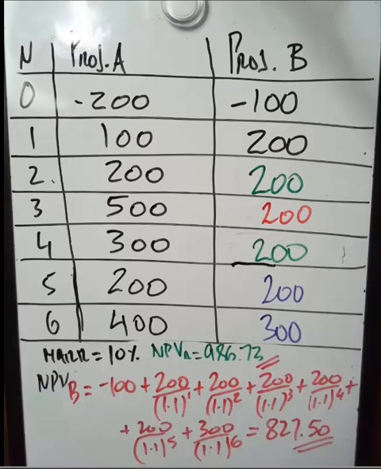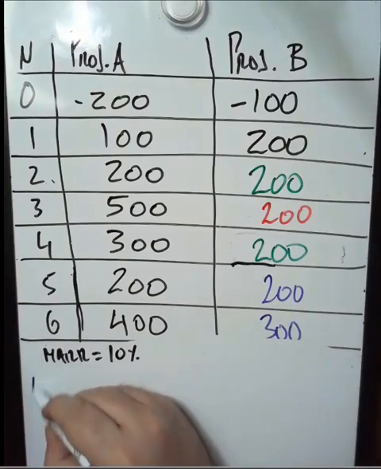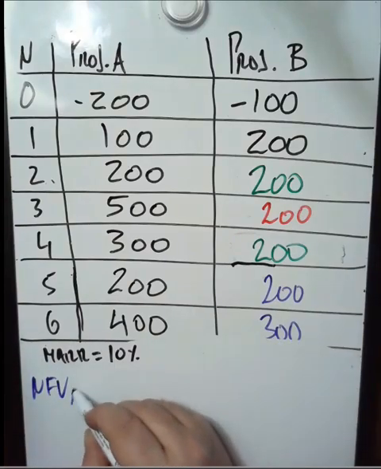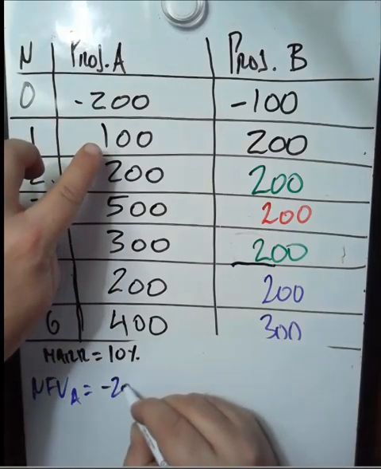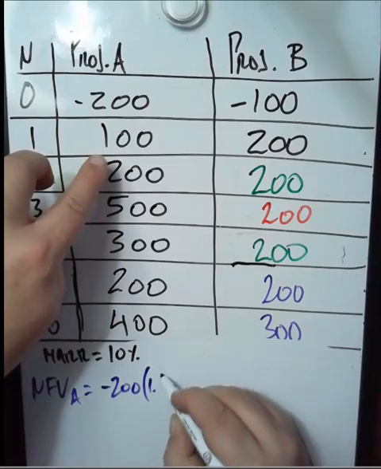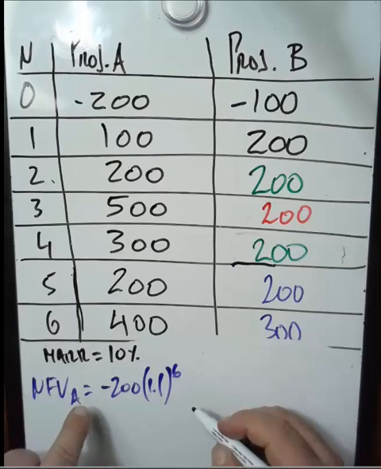Now let's say you were told to use the net future value. Net future value for A would be the negative 200 pushed forward 6 years, future value, right?